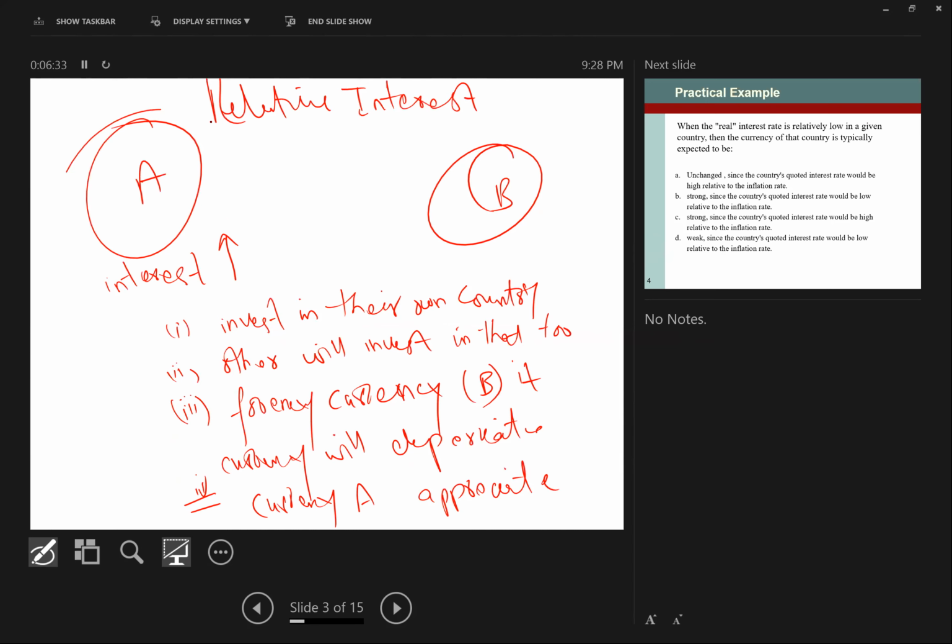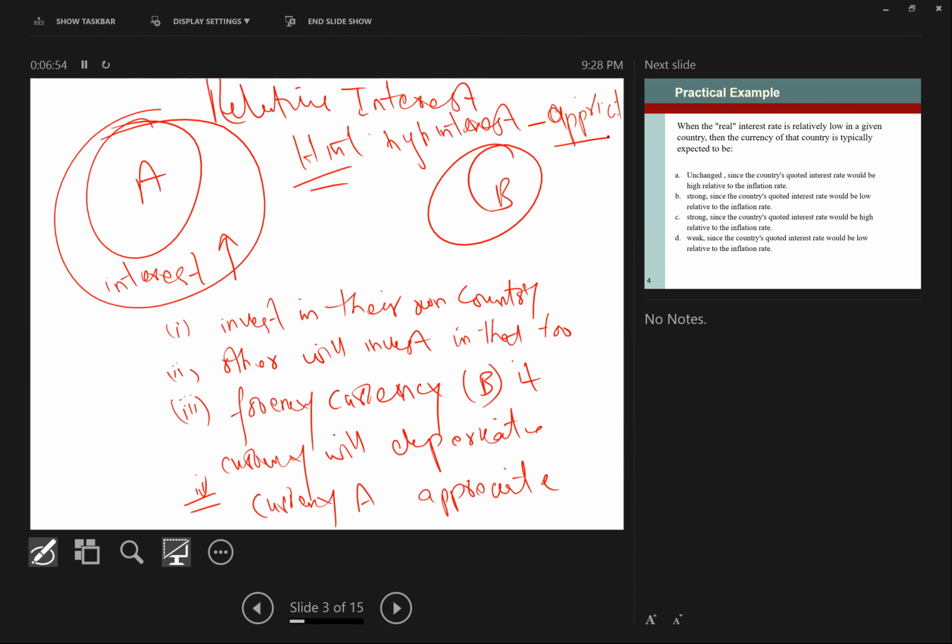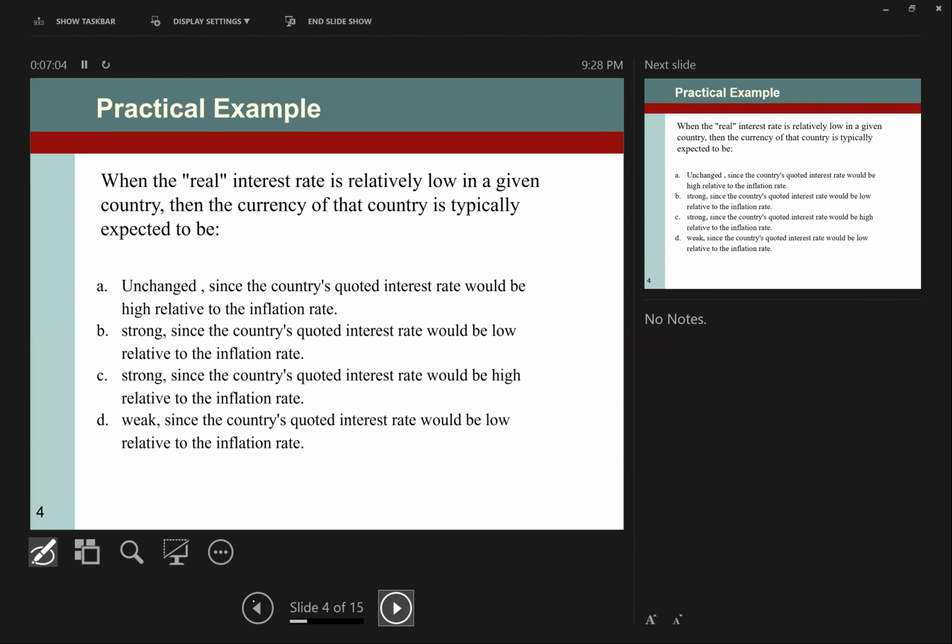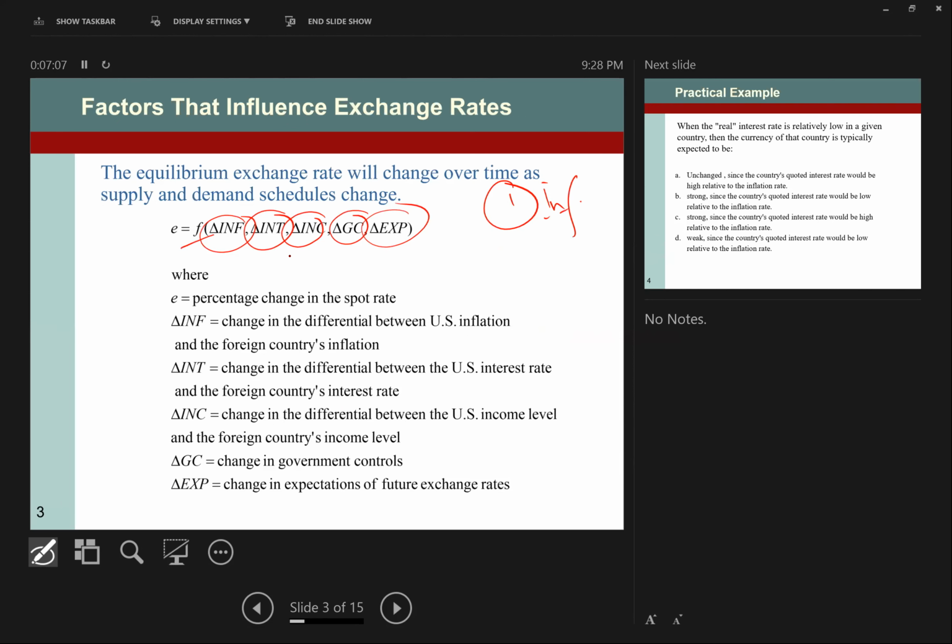So we can create a hint that high interest means your currency appreciates. Well done. Anyone else who wants to contribute or still doesn't understand? No one? Okay, the next one is relative income.